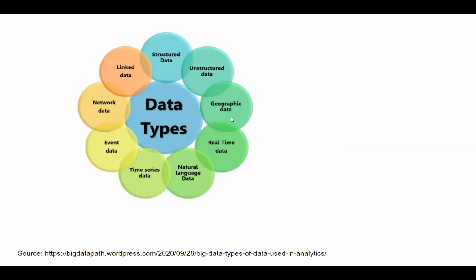Geographical data usually has longitude, latitude, and all that information related to geographical locations. Linked data is a data structure that links to another data in one way or another.